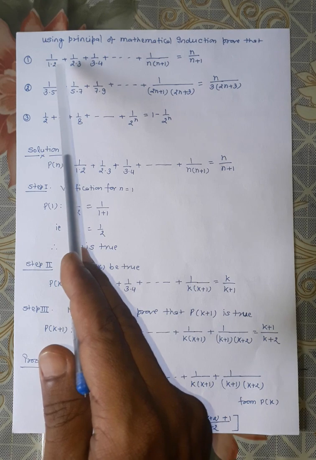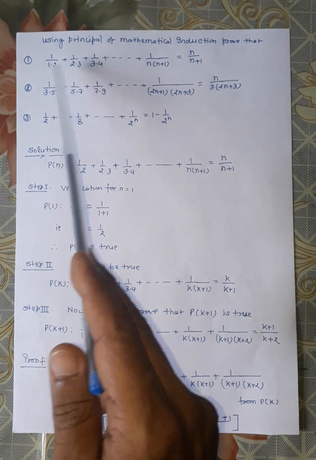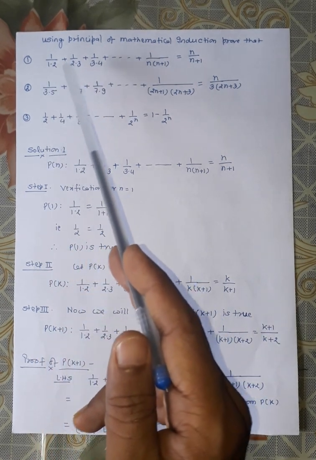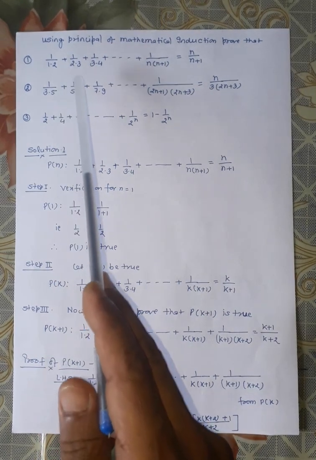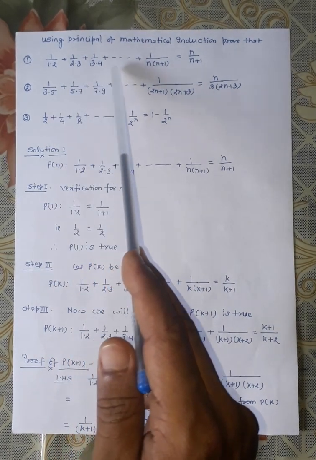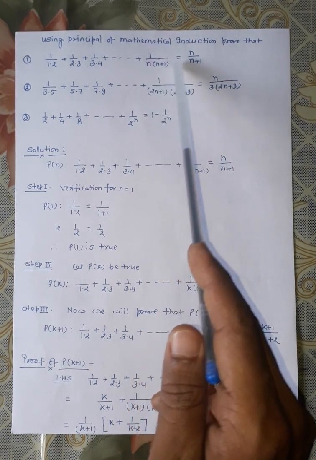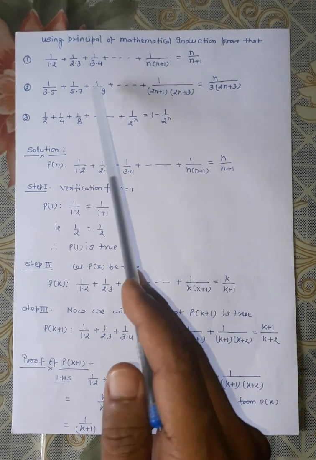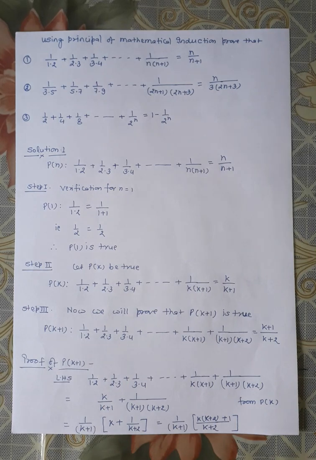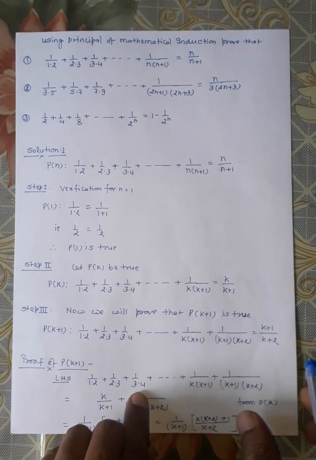Sometimes you can have confusion that this is decimal 1.2. No, this is not 1.2, this is 1 into 2, 2 into 3, 3 into 4 plus dash dash dash 1 upon n into n plus 1 is equal to n upon n plus 1. And 2 more questions are there which you can read on your own.